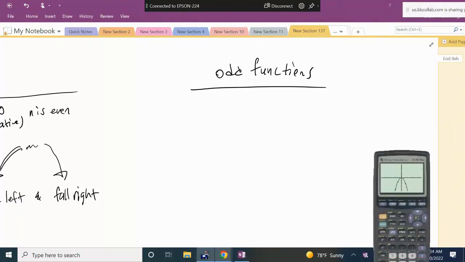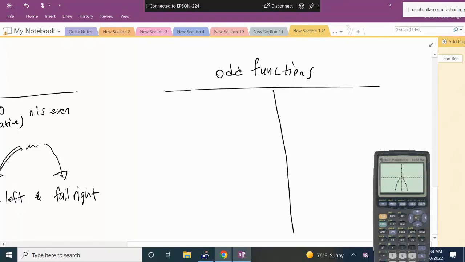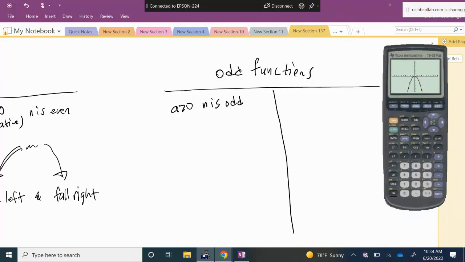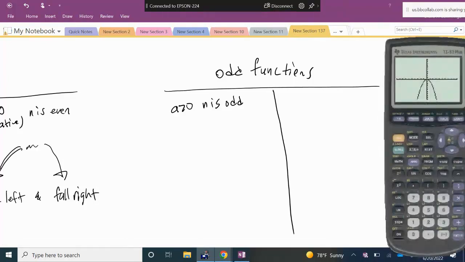And we're going to break this up in a similar fashion. So if a is greater than 0, that means that the leading coefficient is positive, and if n is odd, then our graph looks something like this. It should fall to the left and rise to the right.